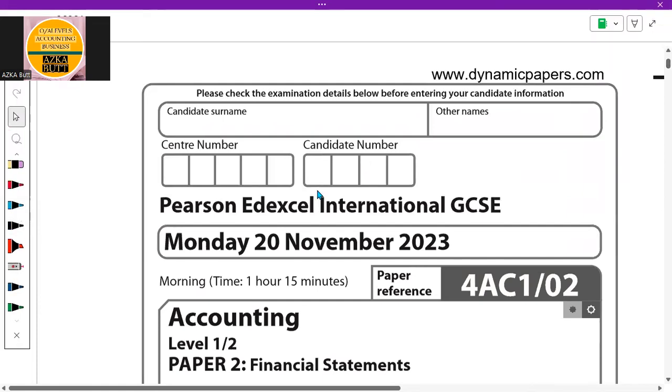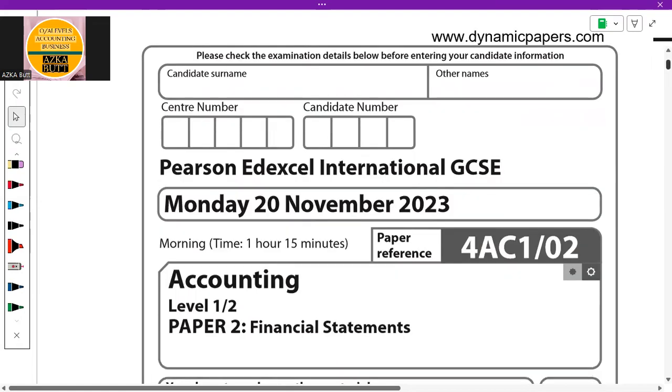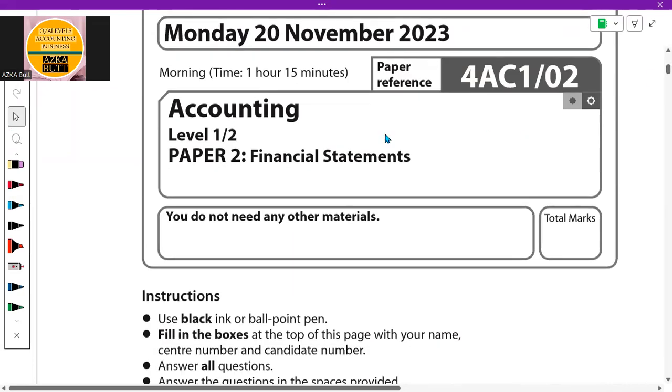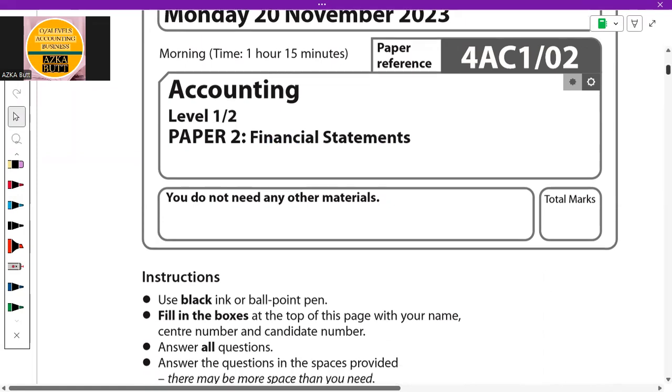As you can see, this is the Pearson Edexcel International GCSE paper, a fresh paper, October November 2023, Paper 2. In a previous video, a few weeks back, I solved Paper 1, and in this video we are going to solve Paper 2, which is about the financial statements.